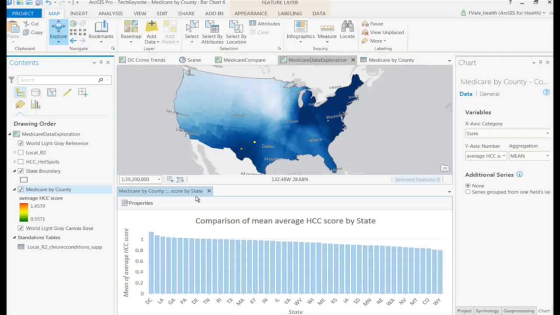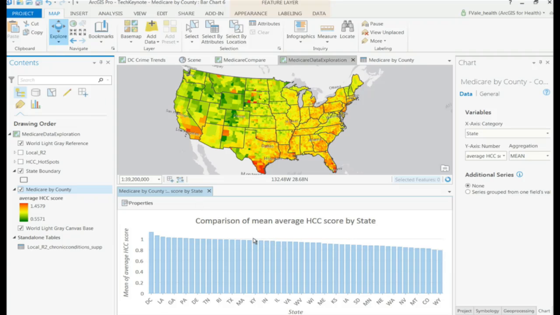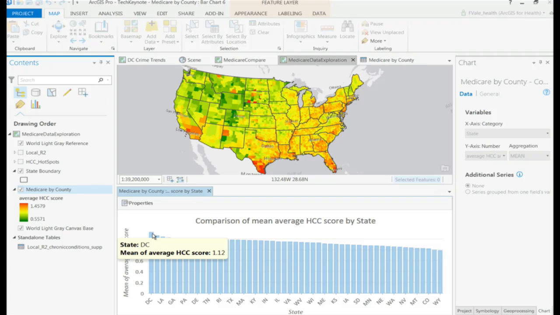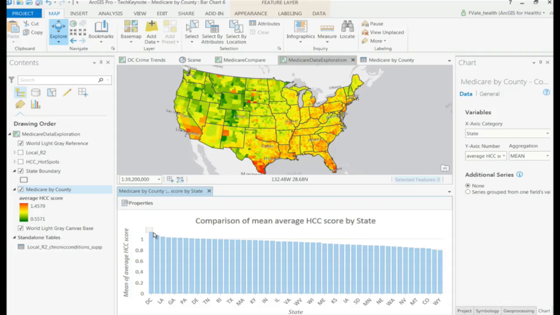I'll turn off my R-squared there. I can see here that DC has the highest average HCC score. If I highlight the top few states here, we'll see those counties belonging to each state reflected in the map. And so these are the states with the highest HCC scores.